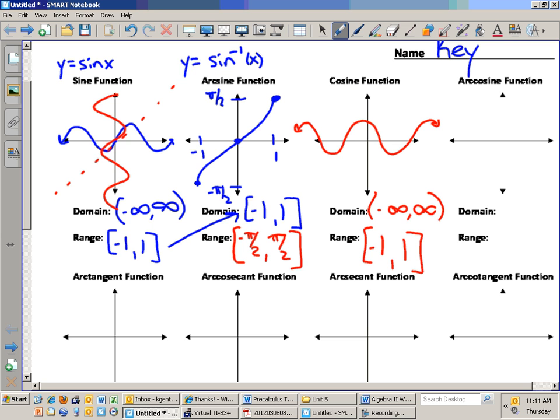Well, if we do the same thing that we did to arcsine, if we take the same thing we did to arcsine and do that for arccosine, we get a little bit different result. And the result looks a little bit like this. Make sure I draw it correctly. I stepped my notes down.